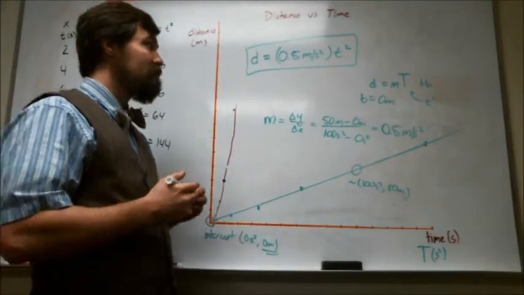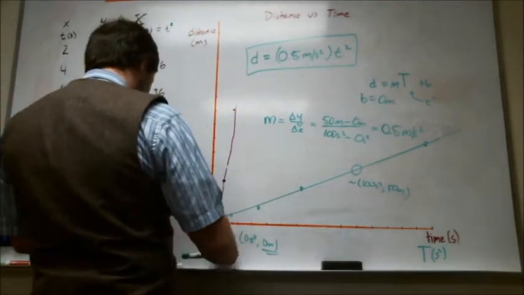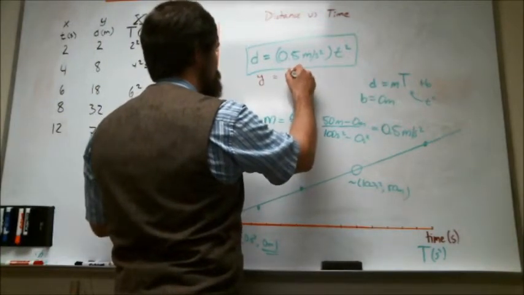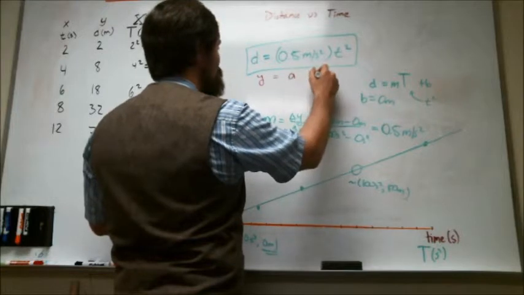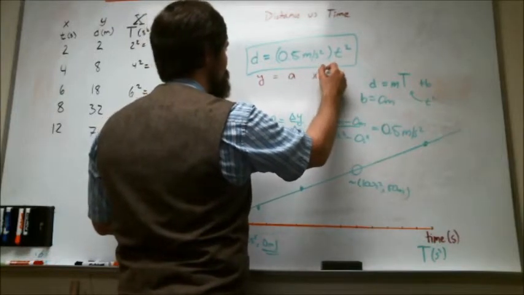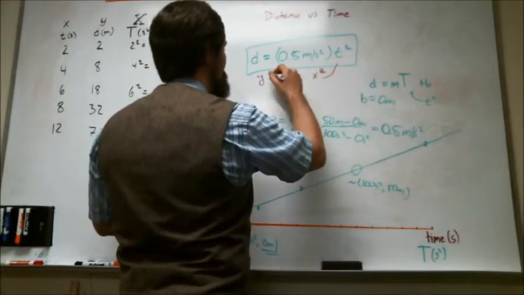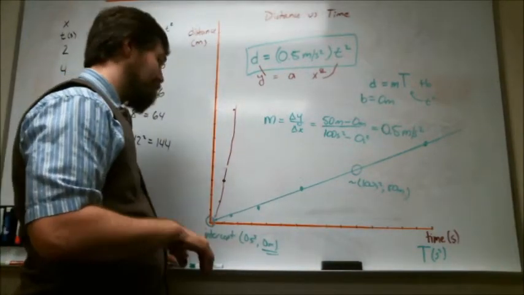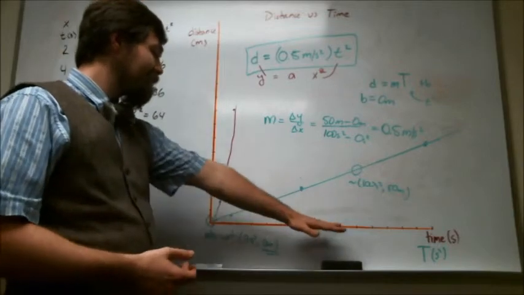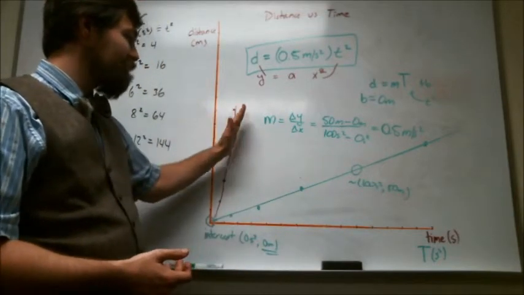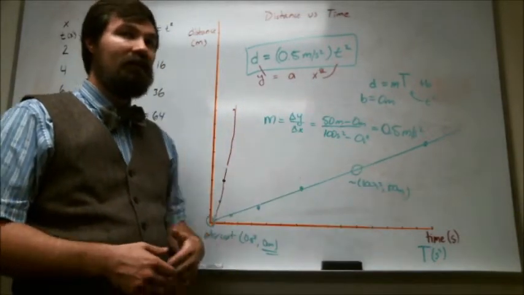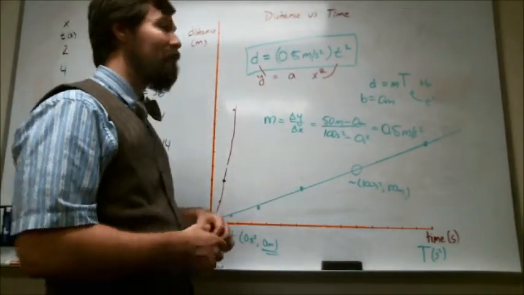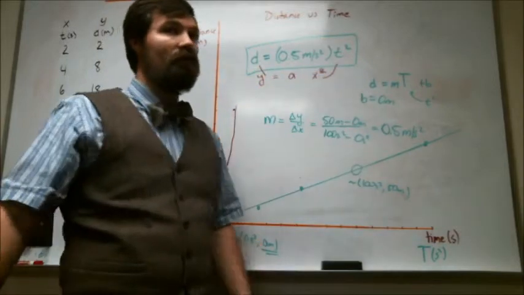And so this does in fact have the same form as y equals some constant times x squared. Which is the same as a vertical parabola. So what we've found is that by squaring this x-axis, we changed our vertical parabola into a straight line from which we could get a slope, specifically this number here, and from which we can also get a nice complete equation.